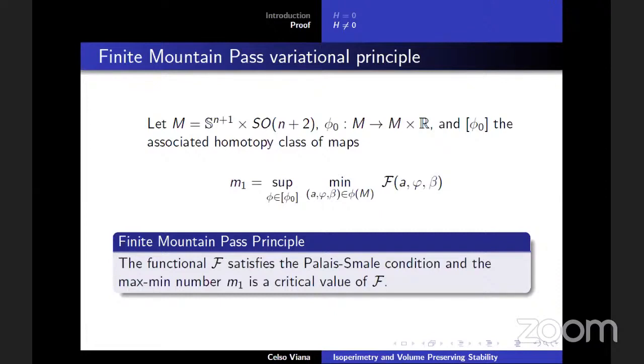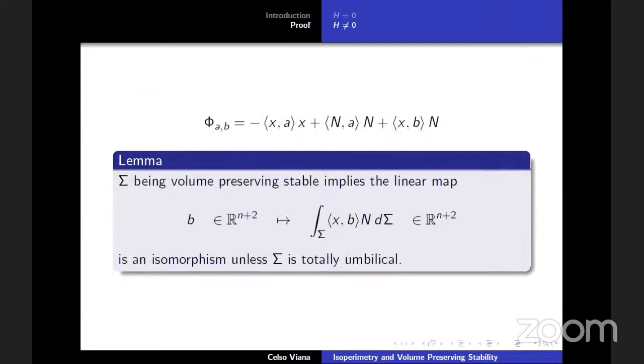And so how can you show that our functional satisfies this Palais-Smale condition? The point is, if you have a sequence where the functional is bounded and the gradient is getting close to zero, but the sequence is drifting off to infinity, then that is equivalent to looking at the last term of our vector field. If you normalize the vector field, the vector B there, essentially, if that sequence is drifting off to infinity, it is because the integral of the last term is getting close to zero.